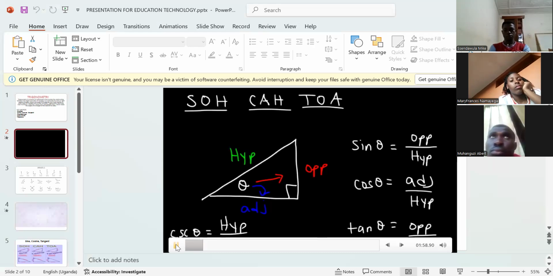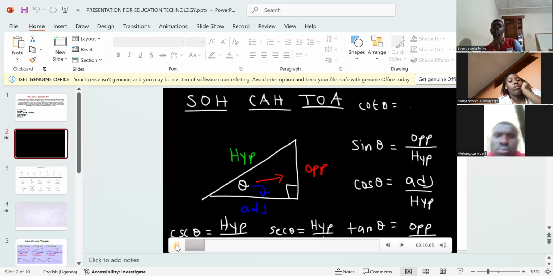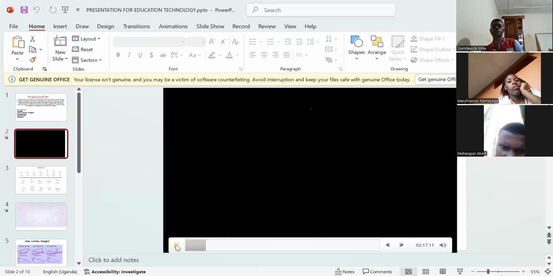Secant is the reciprocal of cosine. So secant is going to be hypotenuse divided by the adjacent side. Cotangent is the reciprocal of tangent. So if tangent is opposite over adjacent, cotangent is adjacent divided by the opposite side. Now let's say we're given a right triangle and we have the value of 2 sides.